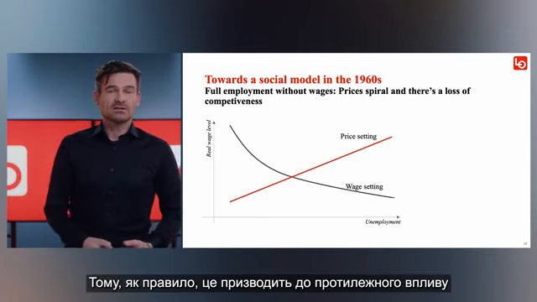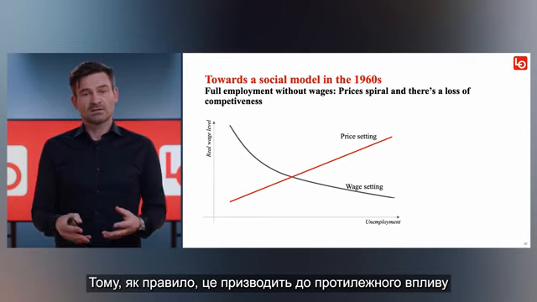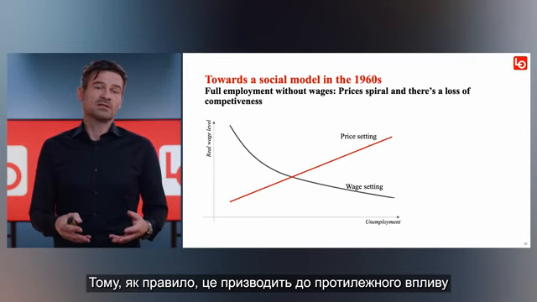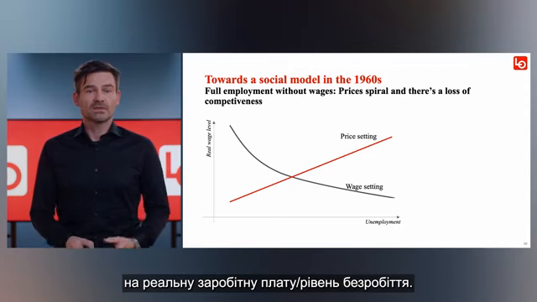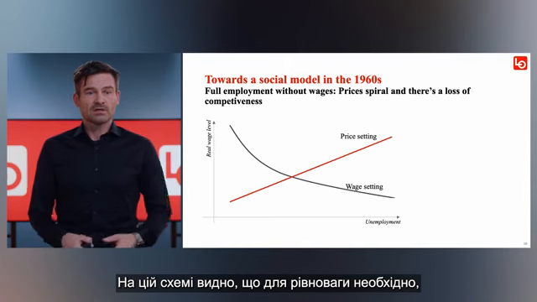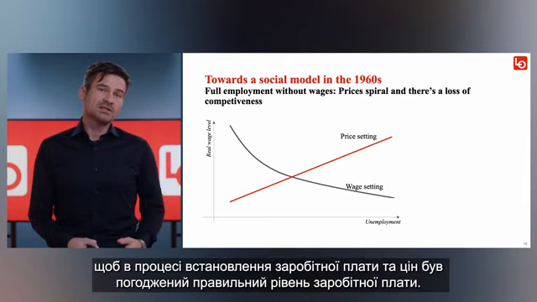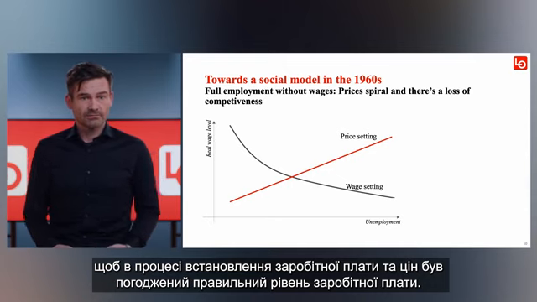So that tends to be an opposite development of the real wage and the unemployment level. And you can see from this figure that only in equilibrium do wage setting and price setting agree on the correct wage level.